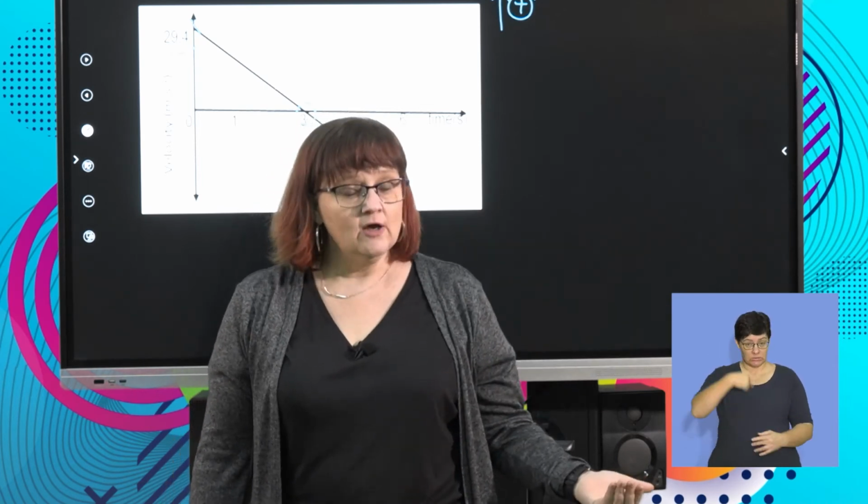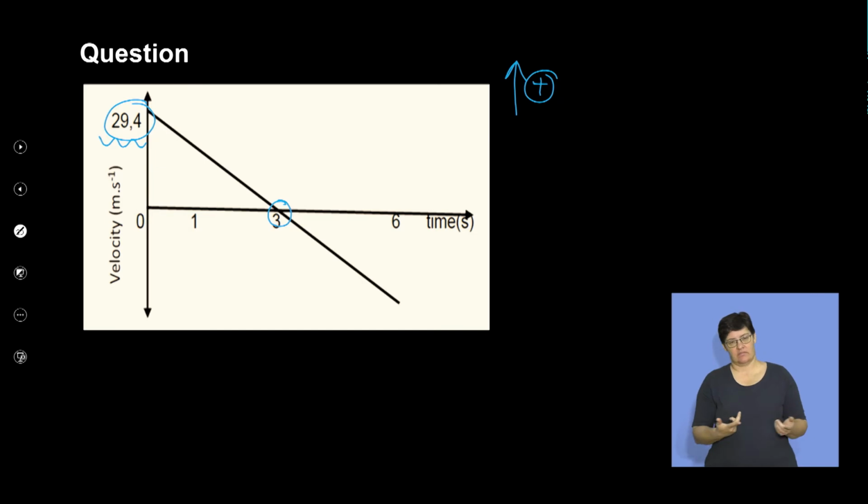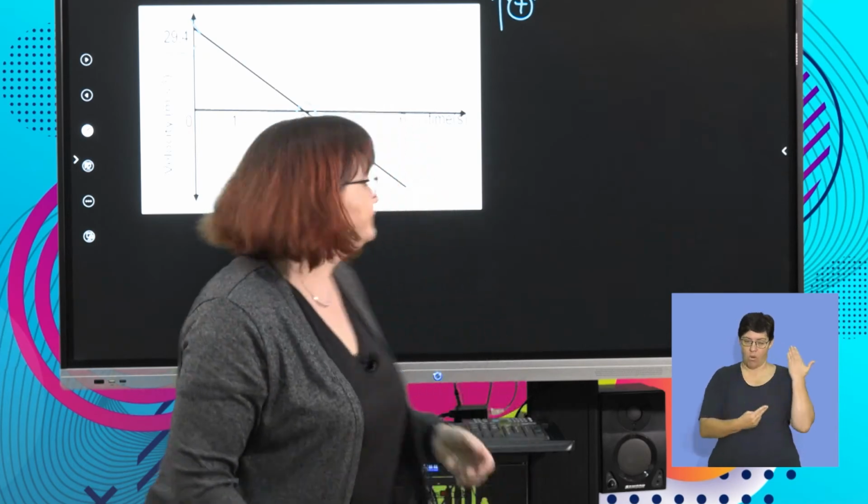I don't have a choice. And this is why I don't want you to learn that down is always positive or up is always positive, because then when they change in the question and they decide what is positive and negative, it gets a bit confusing. So make sure you can work with both, okay?